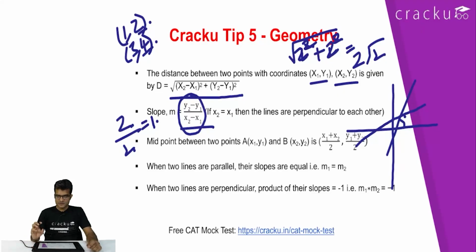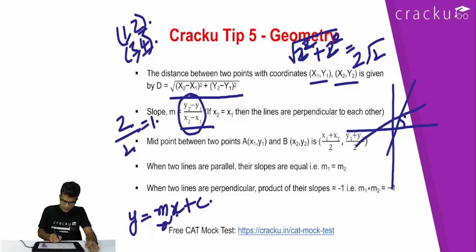Now, when you are given the slope of the line, you can easily form the equation of the line. How can you form the equation of the line? Every line is represented as y is equal to mx plus c, where m is the slope of the line. So in this particular case, the line joining the 2 points will be of the form y is equal to, because the slope is equal to 1, x plus c.